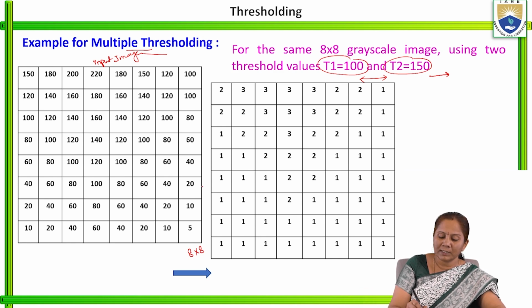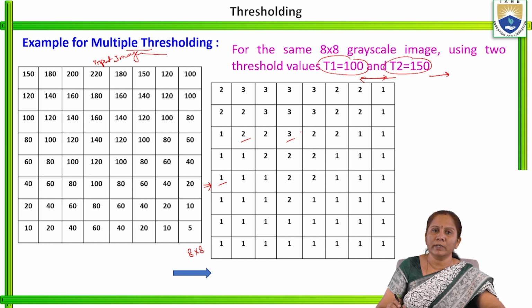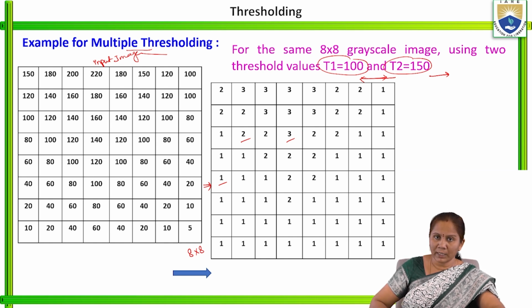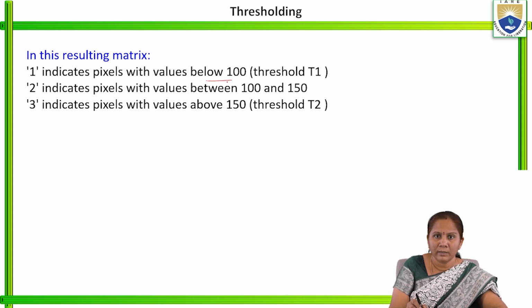Here is the output image after applying these two threshold values. We can identify 3 numbers, 1, 2 and 3. Three notations are indicated because 2 threshold values are taken. Now let's look at the conditions. If the pixel value is below 100, it is indicated as 1 because T1 is 100.